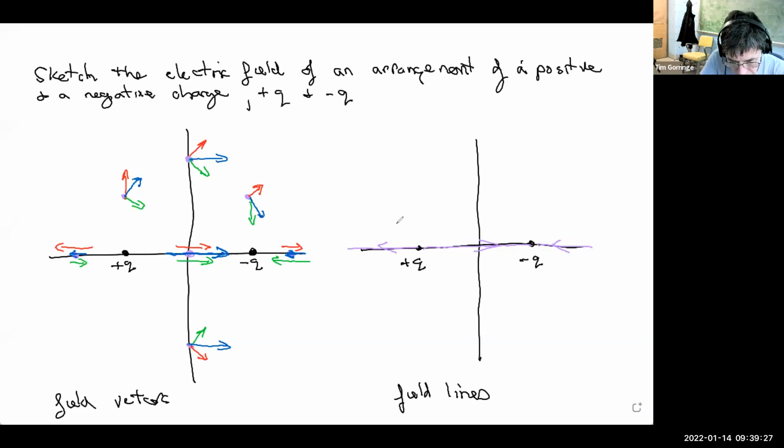I've drawn some field lines along the horizontal axis, but let's expand that into the space above and below the axis. I'm going to draw a couple of lines and then I'll explain them. So this line upstairs here, this line downstairs, these two field lines, I drew them by thinking about this picture of the field vectors over here on the left-hand side.